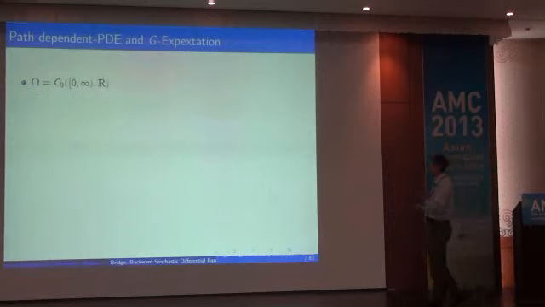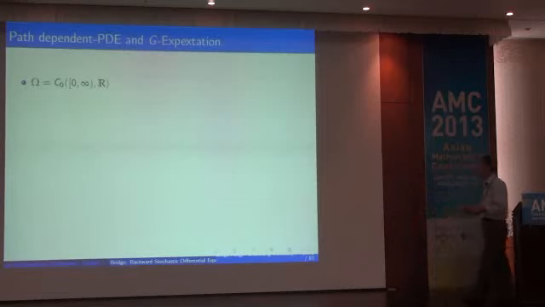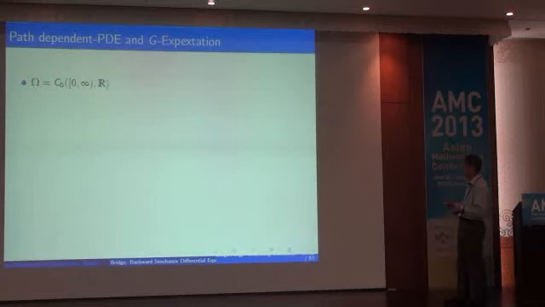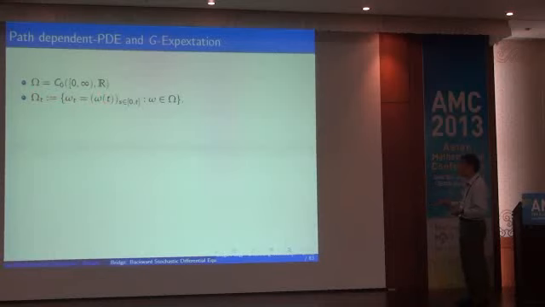This here already involves the path-dependent PDE and G expectation, where omega equals C_0 is the same: continuous paths starting from 0. We also have this omega_t, which is the continuous path between 0 and t.